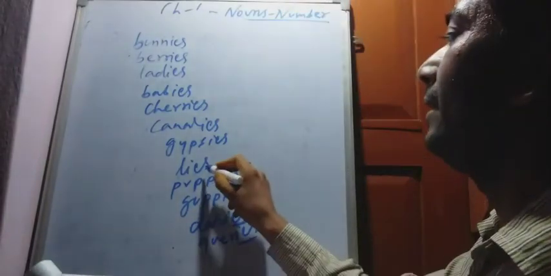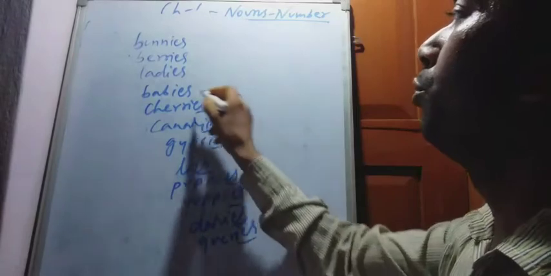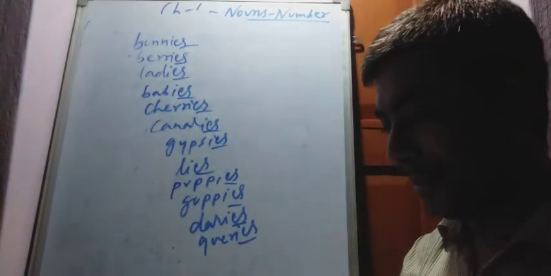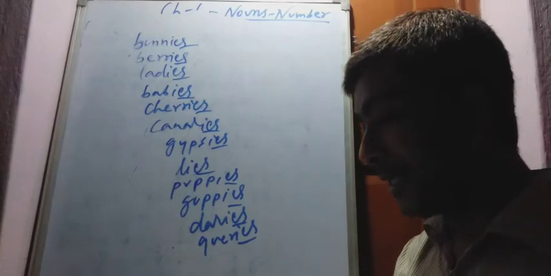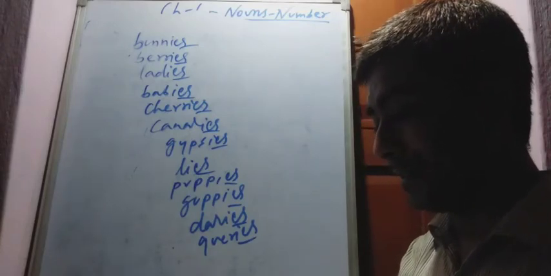All underlined words are plural and all end in IES. The question says, make a singular of all the IES.